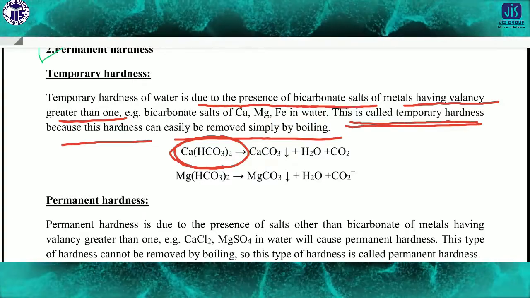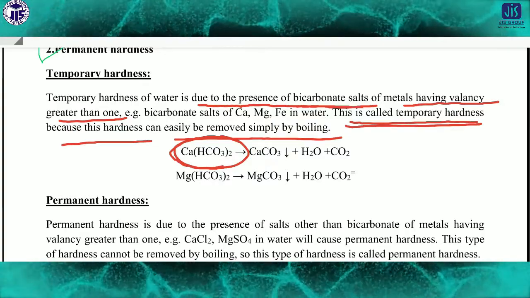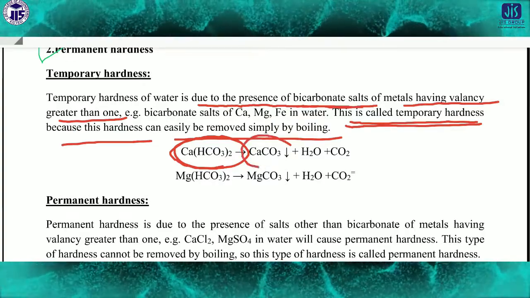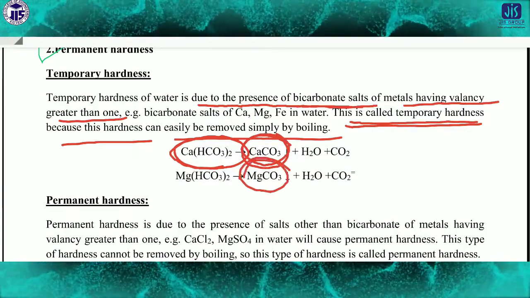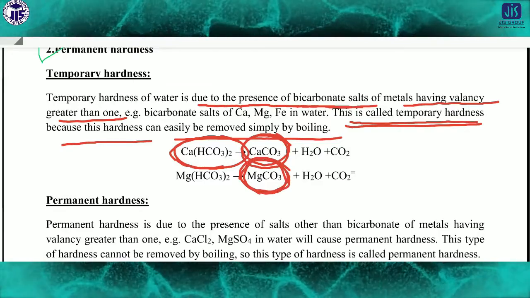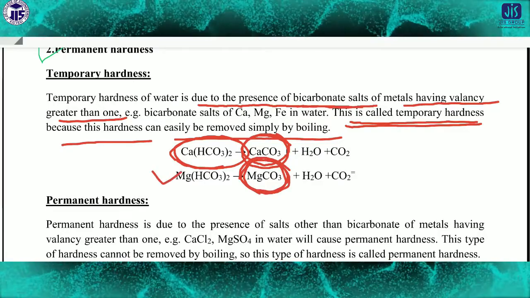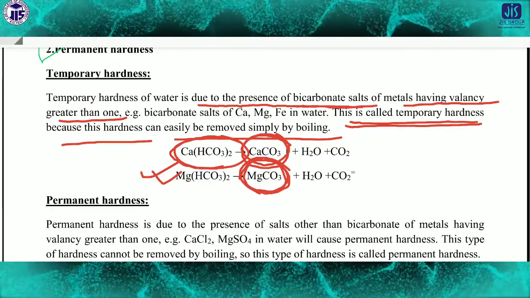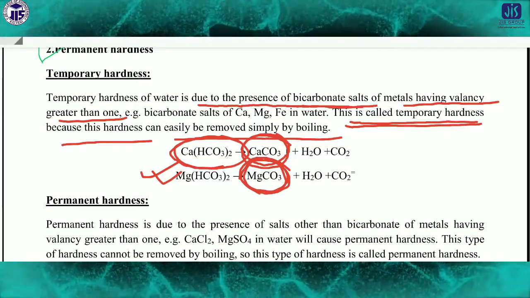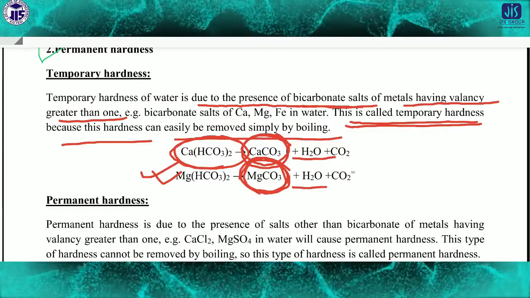By heating you can remove the hardness. How? Because calcium carbonate or magnesium carbonate will be precipitated out if you give the heat, by simply boiling. Then what water are you getting? This is the fresh water. That means this water will be soft water.